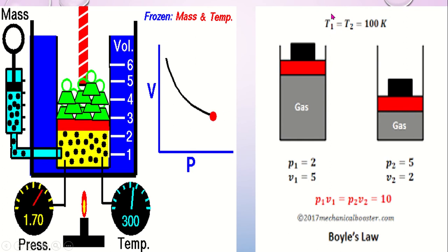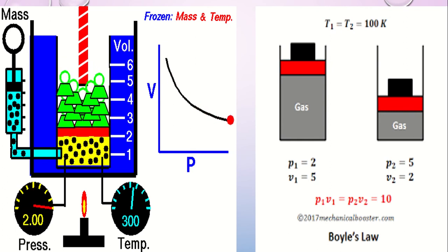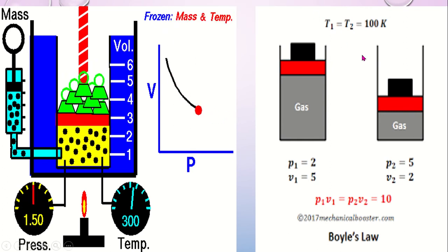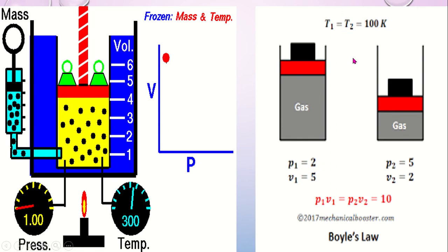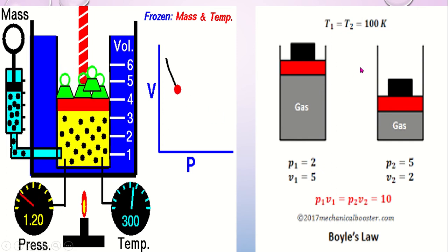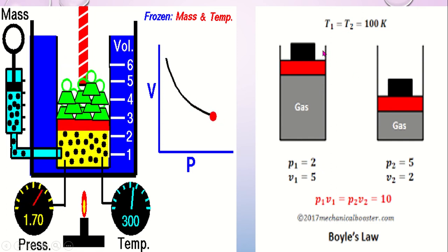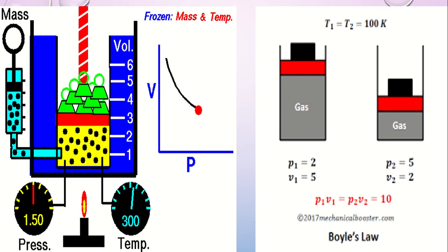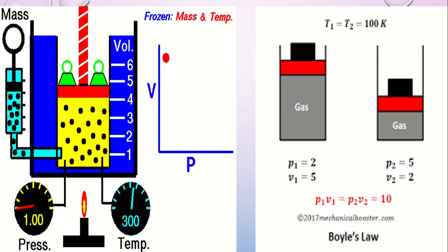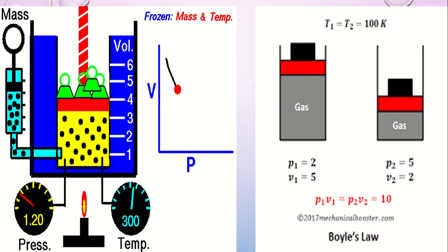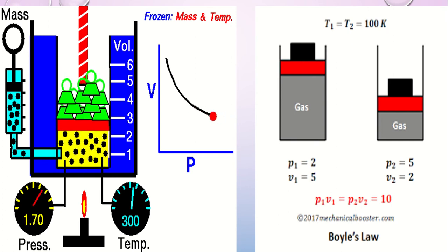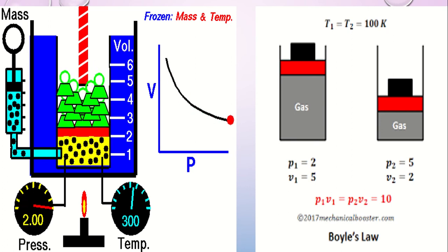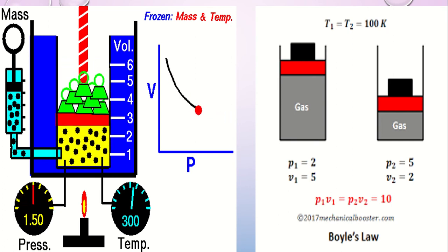So how did Boyle get this law and how did he prove it mathematically and find the formula P1 V1 equal to P2 V2? Look, Boyle did one experiment in which he took some gaseous substance in a cylinder and kept some mass on the piston. Then he saw that when pressure is increased, volume is decreased.